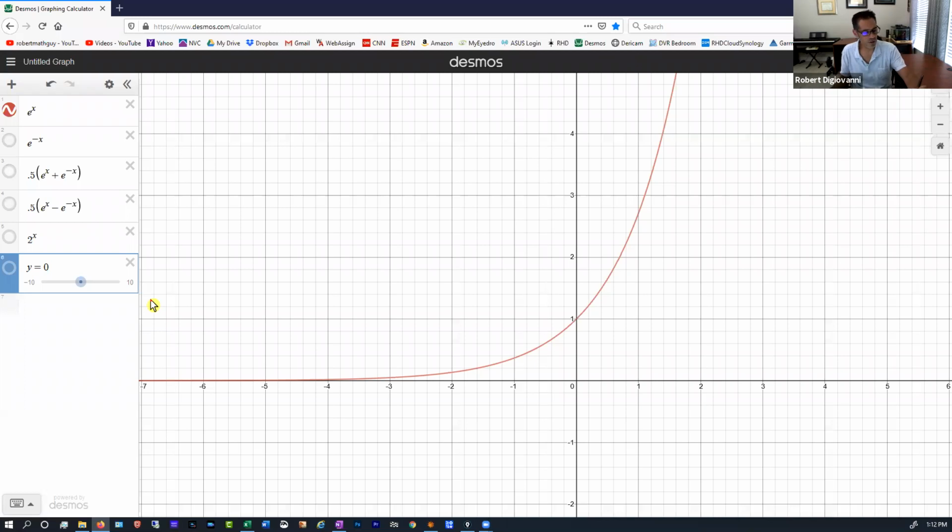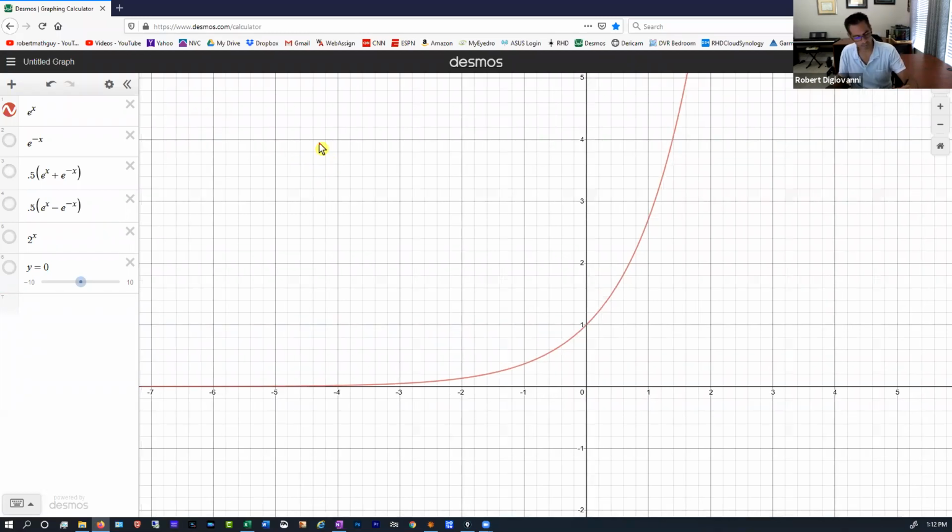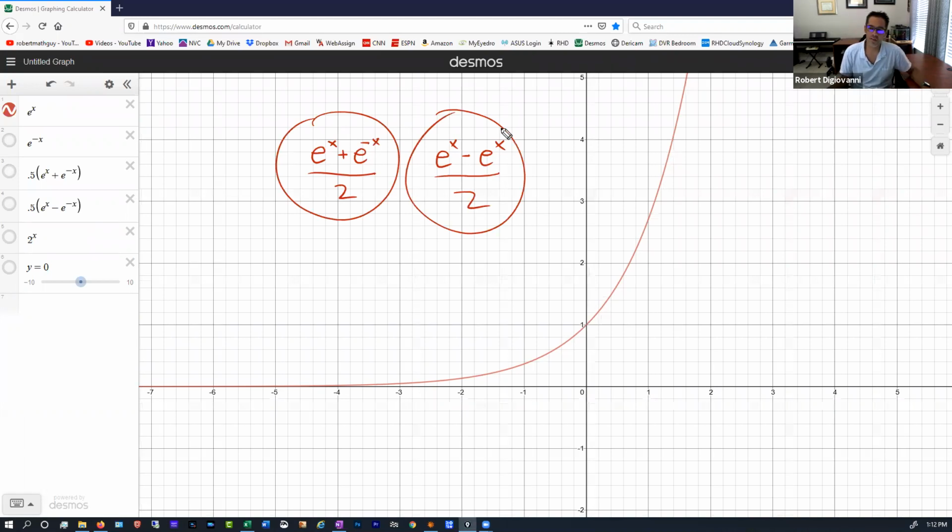The expression is e to the x plus e to the negative x over 2. That always seems to pop up out of nowhere. And then we also see e to the x minus e to the negative x over 2. These things naturally occur in different places.